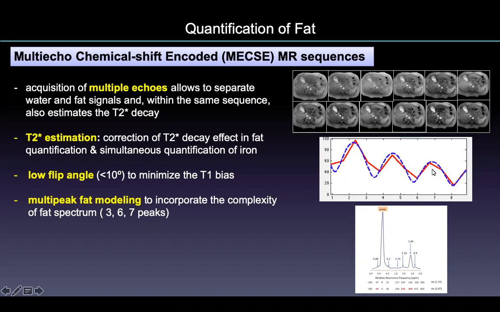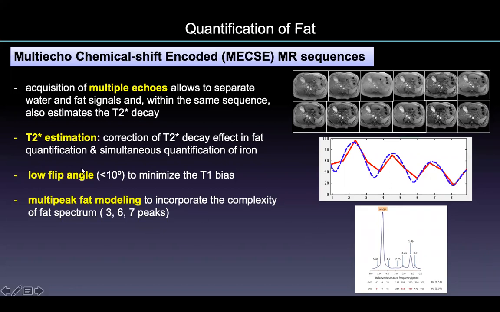And within the same sequence, because we acquire multiple echoes, we can also estimate the T2 star decay. This T2 star estimation will be used to correct the effect of T2 star decay in fat quantification, and we can also use it to quantify iron, because the T2 star decay is related with the iron content.